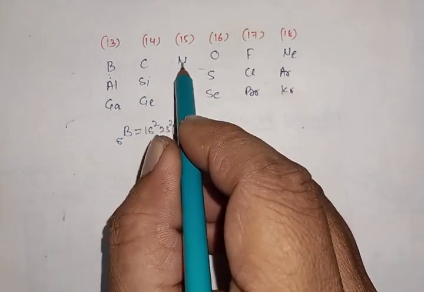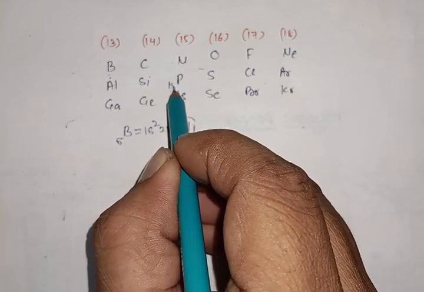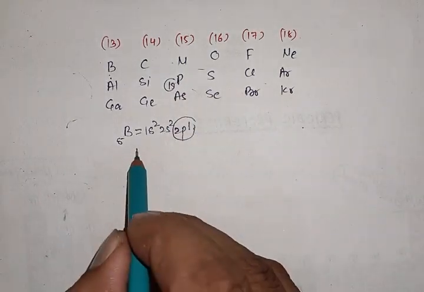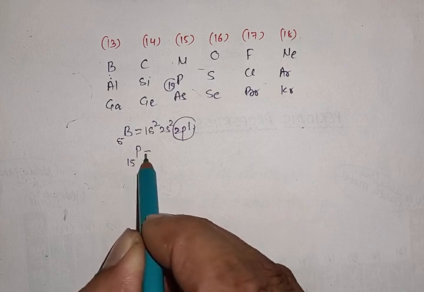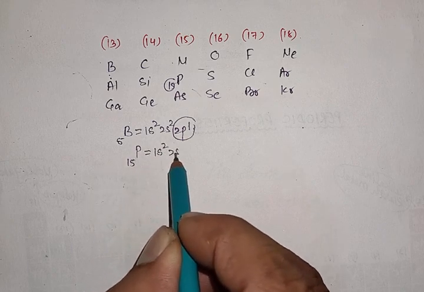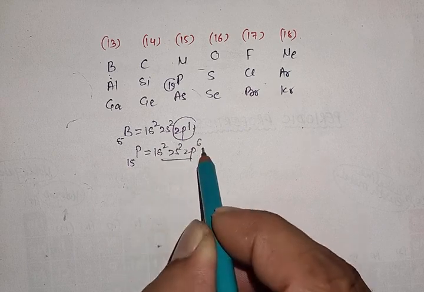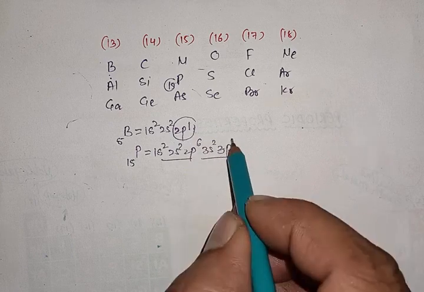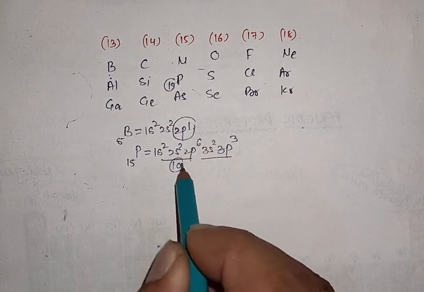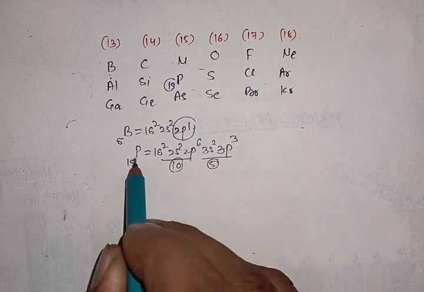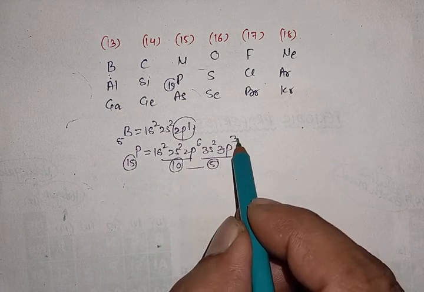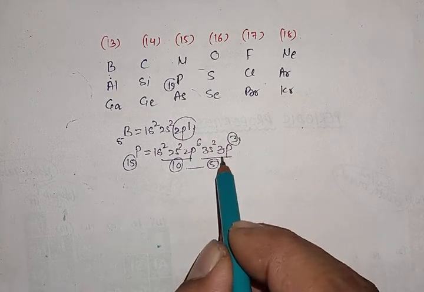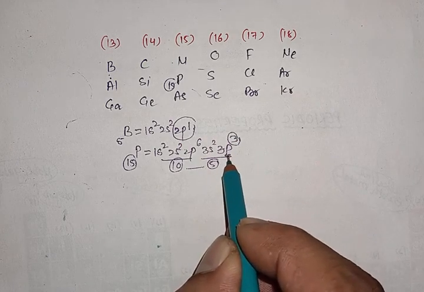Next, the element from group number 15, that is phosphorus, atomic number 15. The electronic configuration is 1s2, 2s2, 2p6, 3s2 and 3p3. So 10 electrons here and 5 electrons from here, so total 15 electrons. So the valence electron in phosphorus occupies the P subshell, or I can say the P orbitals.